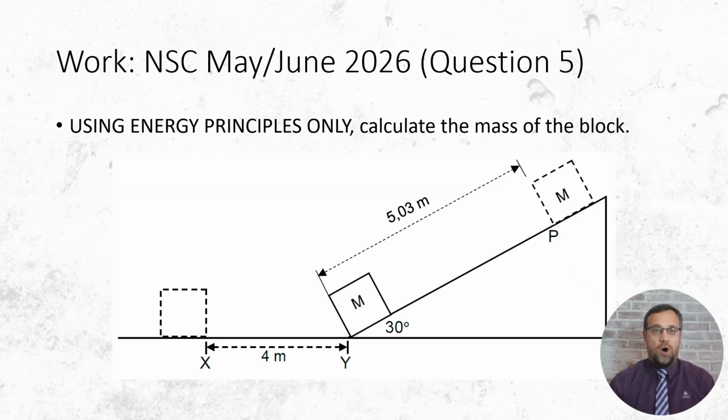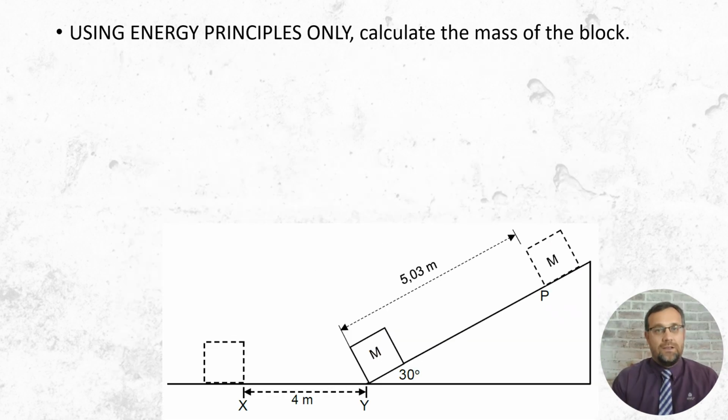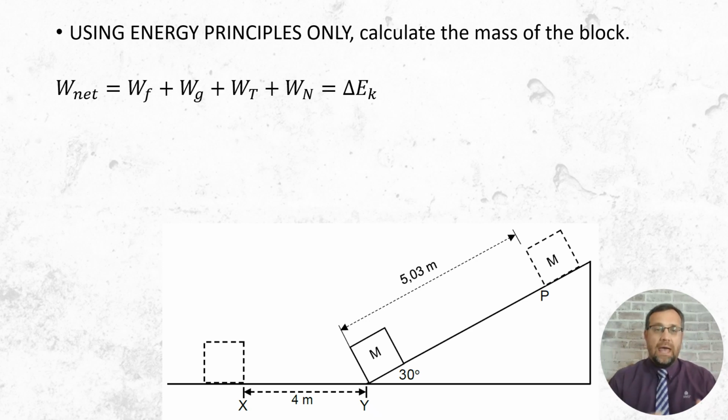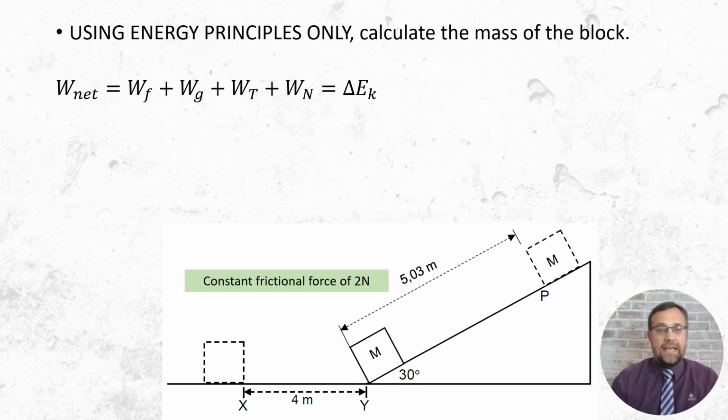For 5 marks, using energy principles only, calculate the mass of the block. Again, we make use of the work energy theorem, and I've expanded it once again. Now let's look at each of the factors. We know that there is a constant frictional force working on the block, so there will indeed be work done by the frictional force.